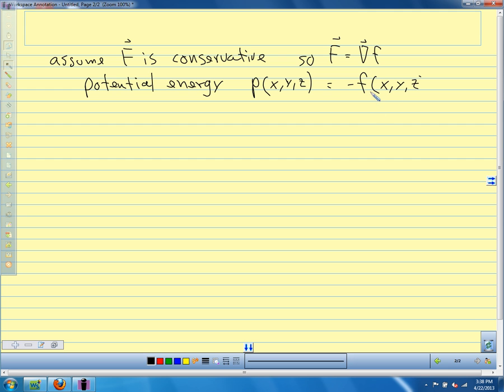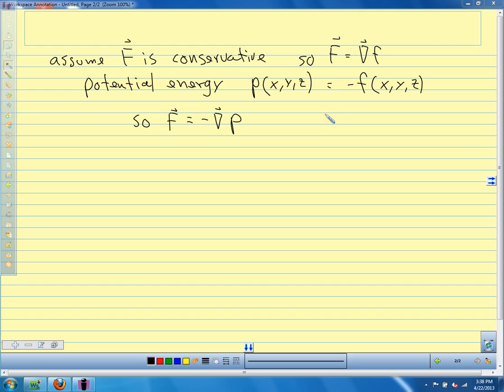So in our notation here, we would say that F is negative del P. And this is just a convention that we use that's different in physics from what we do. So we want to keep this straight because we're talking about this in the context of physics.